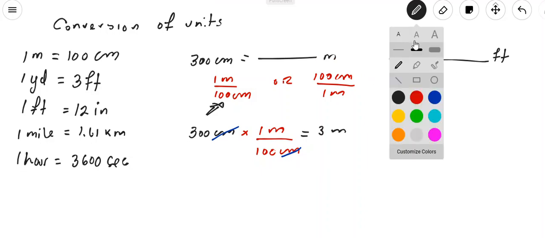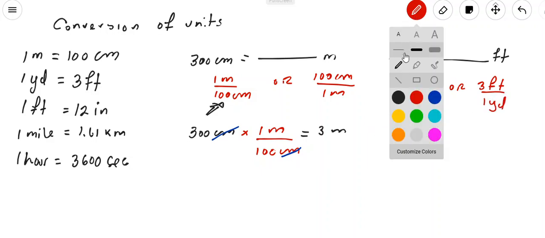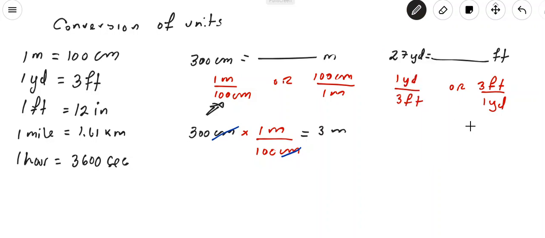I know that there are two different ways to write the relation between the yards and feet. So I can say that either 1 yard is to 3 feet, or I can say that 3 feet is to 1 yard. So what is going to be the fraction that we're going to use to do the conversion? We have that the output unit should be feet, right?